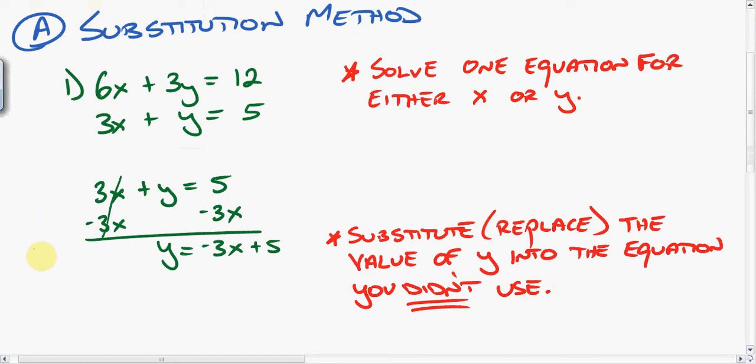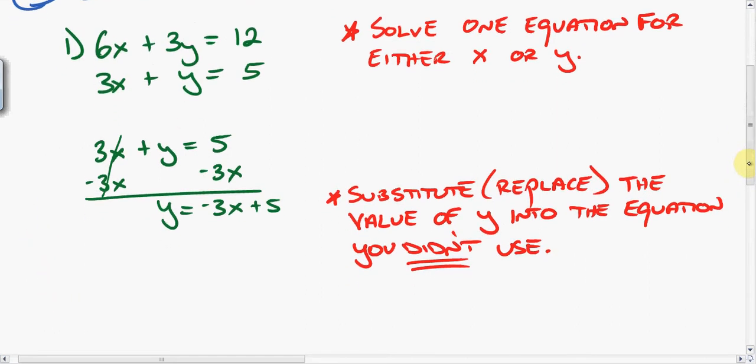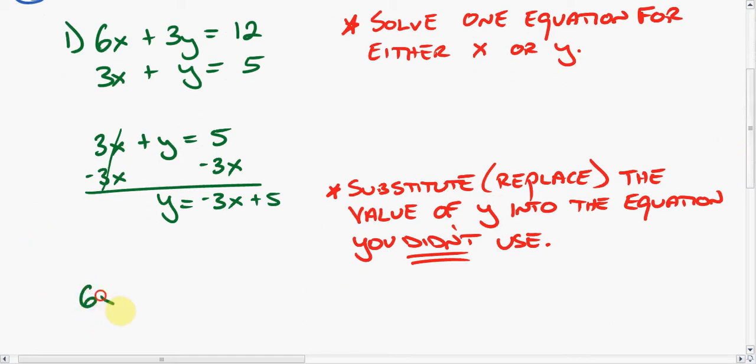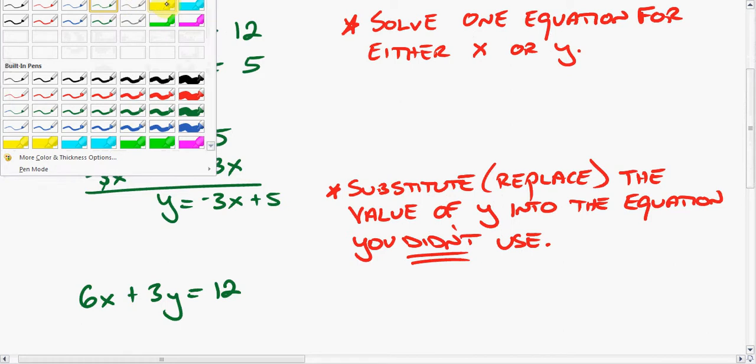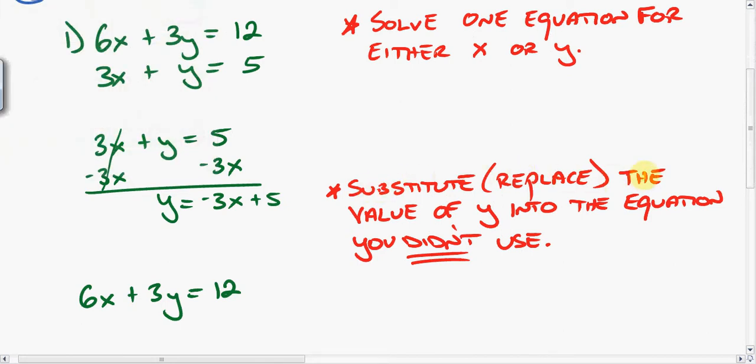So I'm going to come down and use 6x plus 3y equals 12, my unused equation. So it says substitute or replace the value of y. What does y equal? Whatever y equals is the value of y. So we're going to substitute negative 3x plus 5 for y in this equation. That's where I see y here.